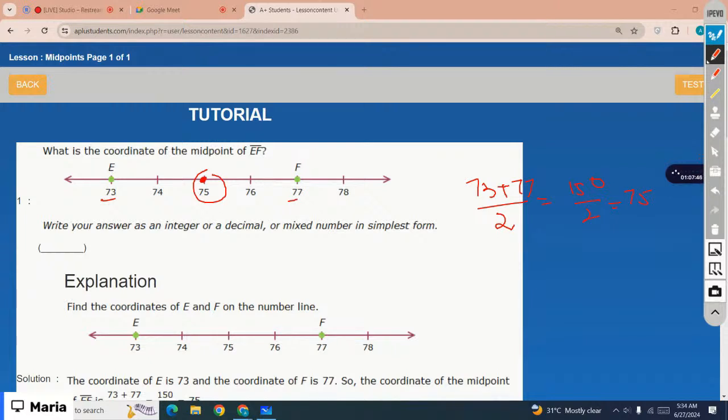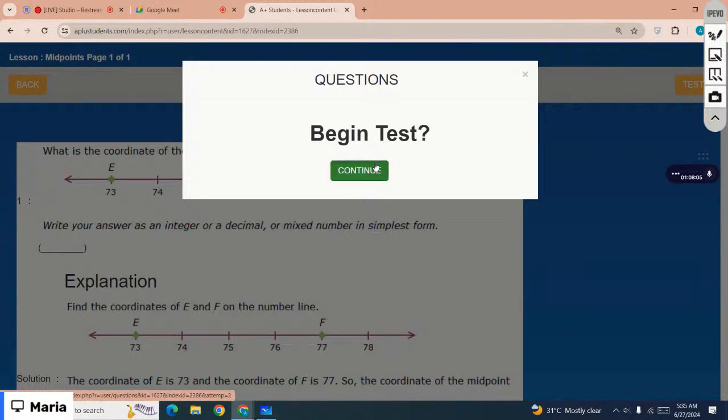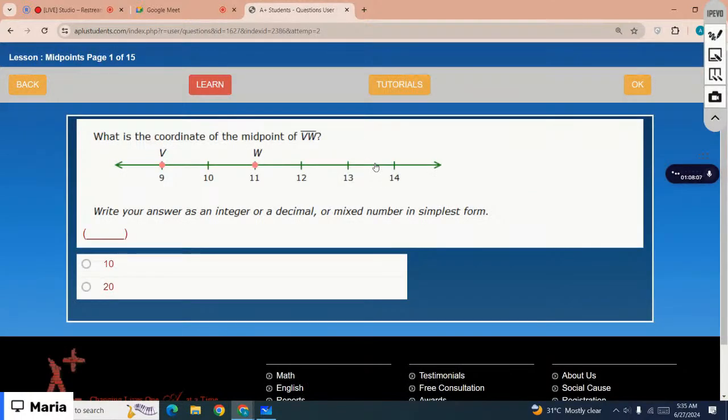Because on the line segments, it's easy to find the midpoint, right? So you don't need to use the formula. But if you are given a line segment, you can find it easily, right? Let's just start with the test questions. What is the coordinate of the midpoint of VW, which is the correct option?